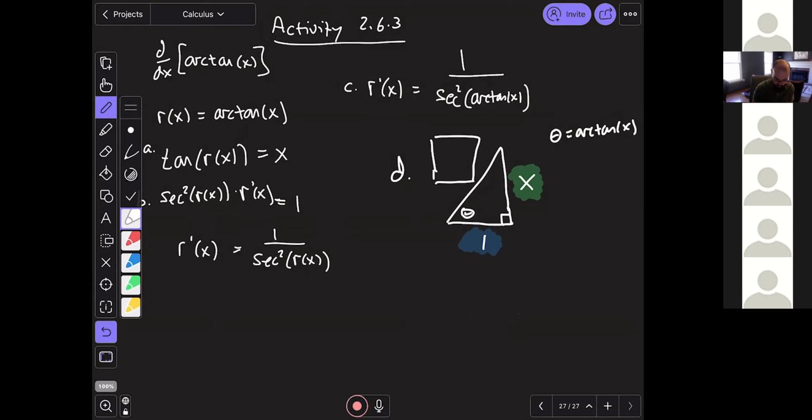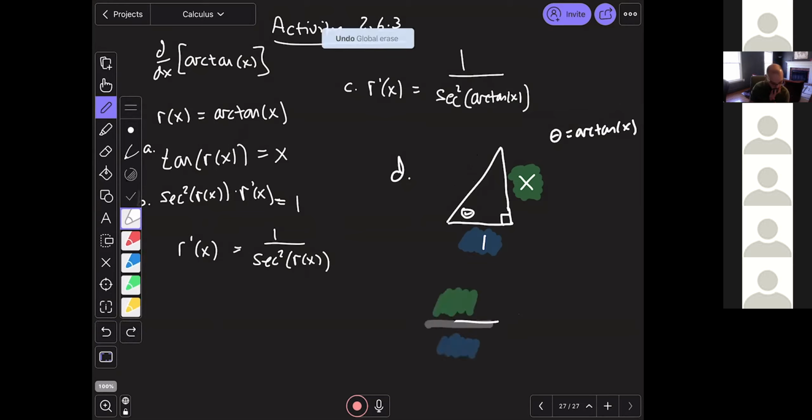No problem. So any ideas what would go up here?